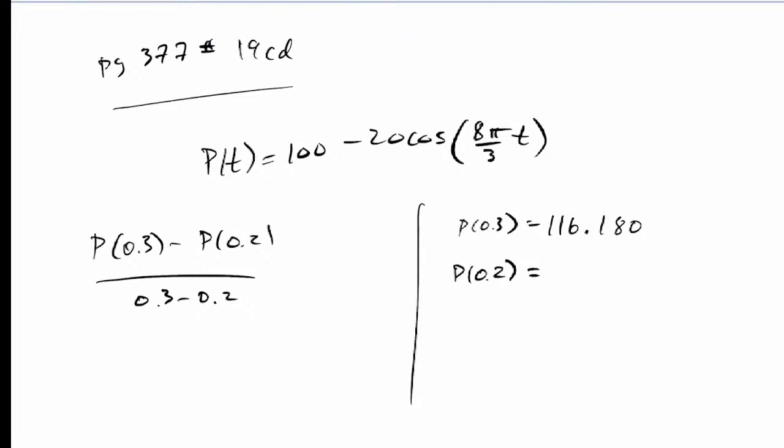So I'm getting that value for P at 0.3, P at 0.2. Plug it all in here.